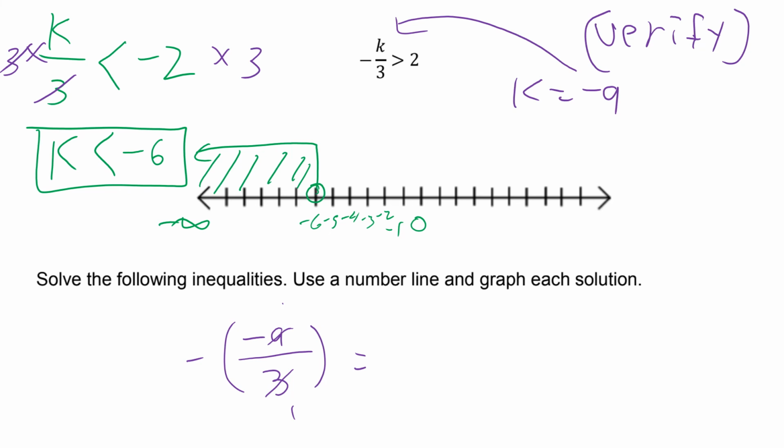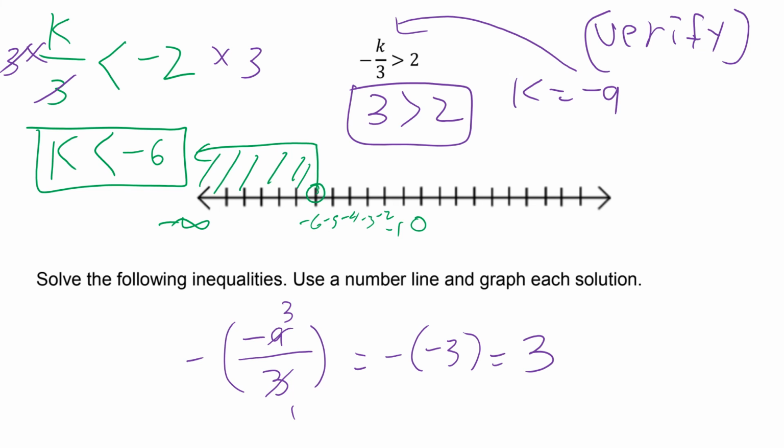If I simplify by dividing by 3 on both top and bottom, you will have minus negative 3, which is positive 3. So 3 is bigger than 2. Is this condition valid? Yes, it is valid. So our solution, anything that's smaller than negative 6, actually works.